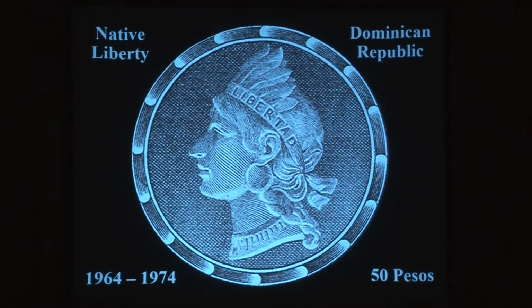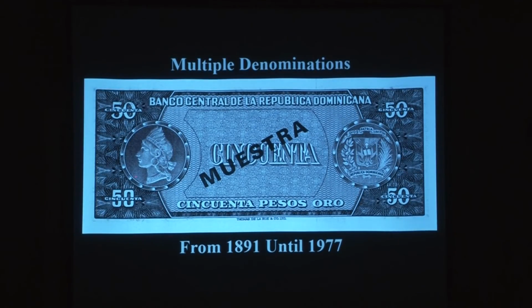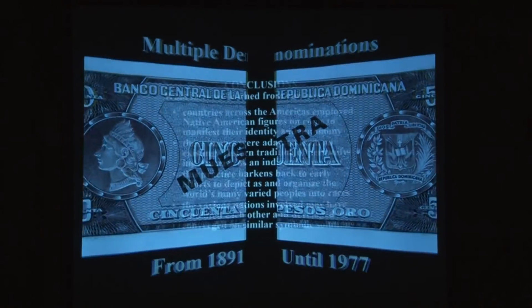That same image was then engraved into a vignette that appeared on virtually most Dominican bills right up to 1977. There's that figure right there on the reverse of it. All right, so this is an all-penetrating figure throughout the Americas, including the United States.